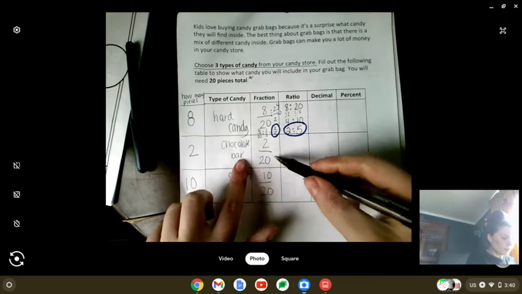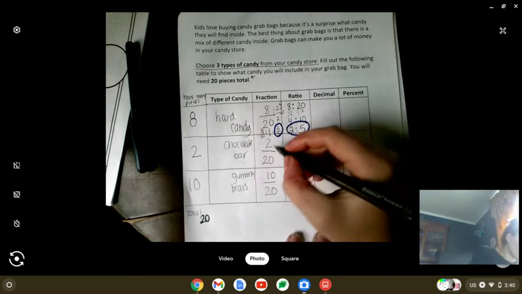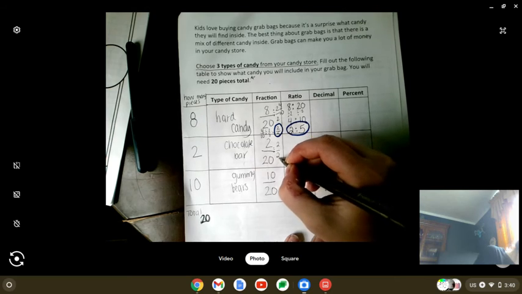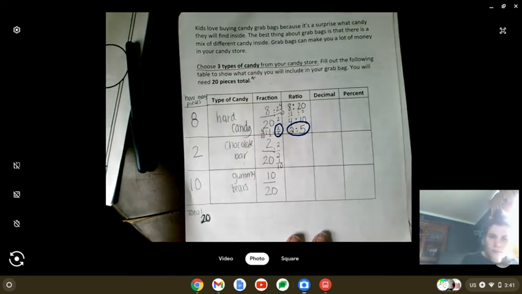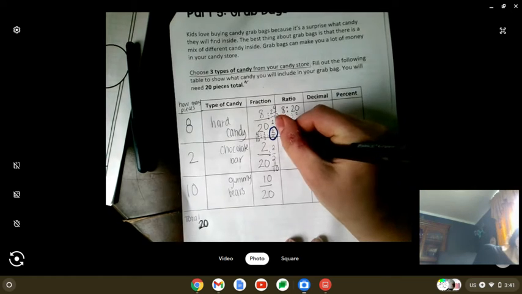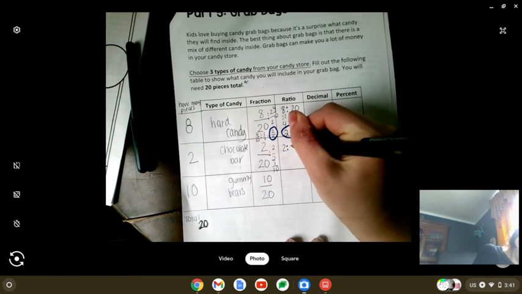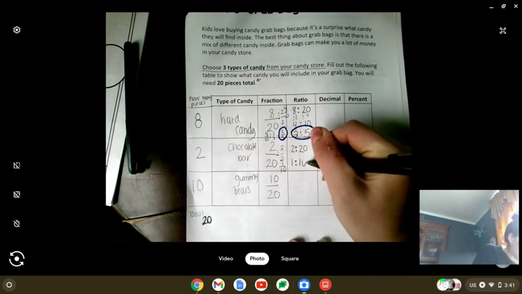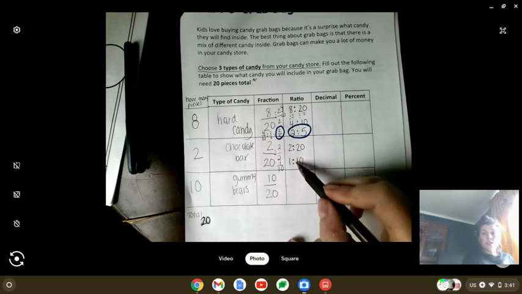Let's do it again for the chocolate bar. I'm going to divide this by 2/2, and I'm going to get 1/10. So that way my ratio is 2 out of 20. We use dots to show out of, for 1 out of 10. The ratio is still the same.